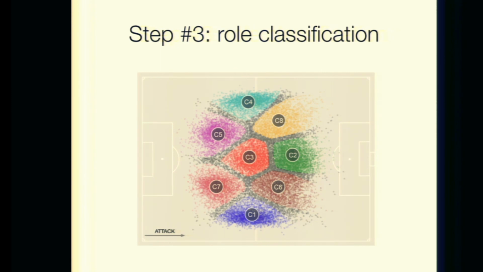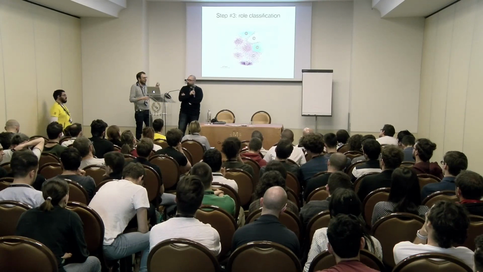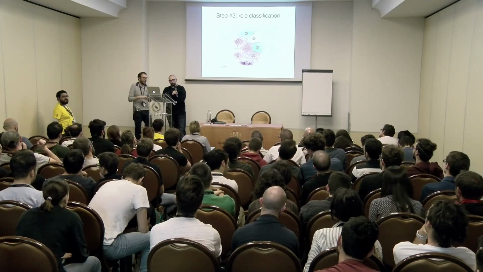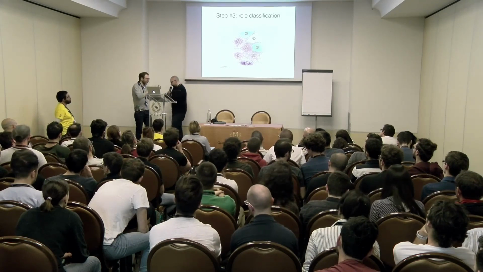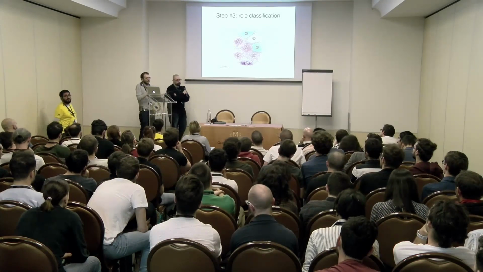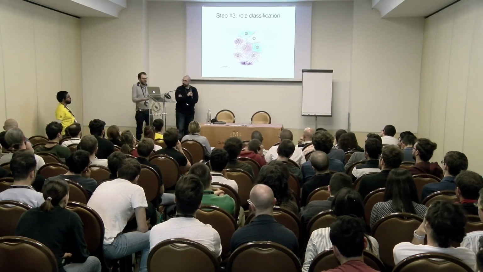So 8 is the best way to split the pitch according to the position. And we use this because, even by reasoning with some soccer coaches, they claim the role of a player is just a portion of the pitch assigned to that player, nothing more. So in that sense, we rely on k-means and on finding this split.